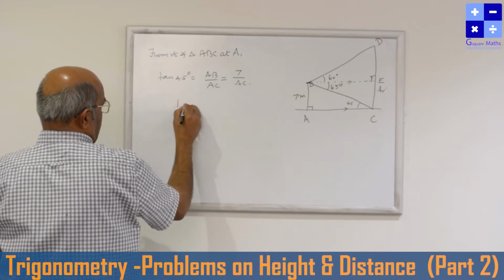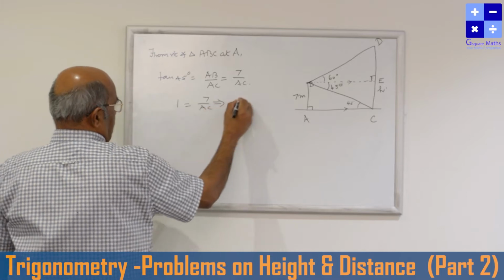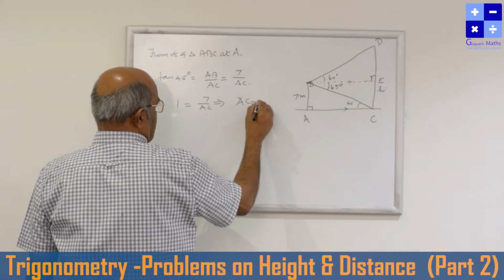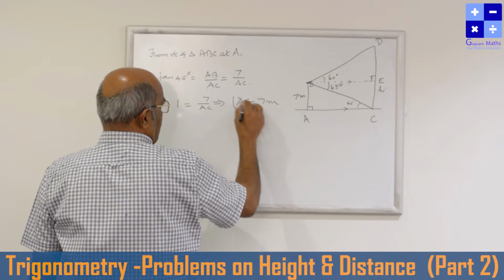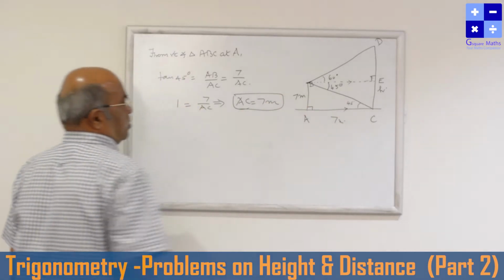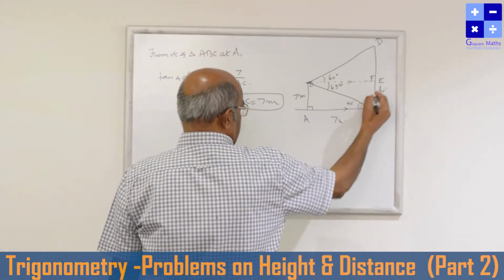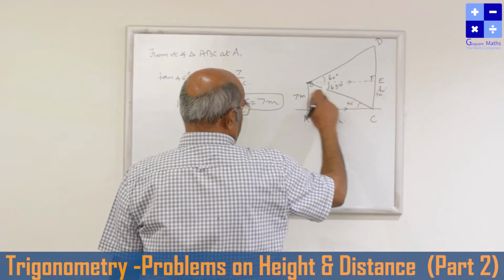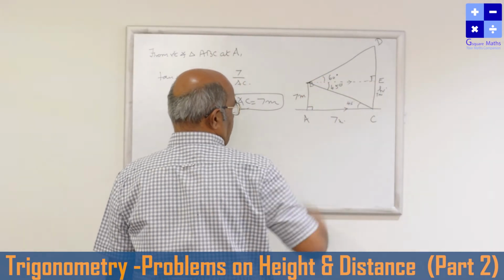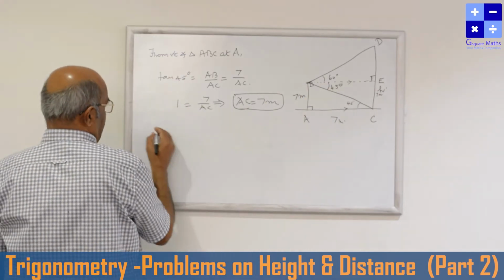Tan 45 is 1. This implies AC is equal to 7 meters. So if this is 7 meters, this is 7 meters, this is also 7 meters. Why? Because ABEC is a rectangle. Opposite sides are equal.